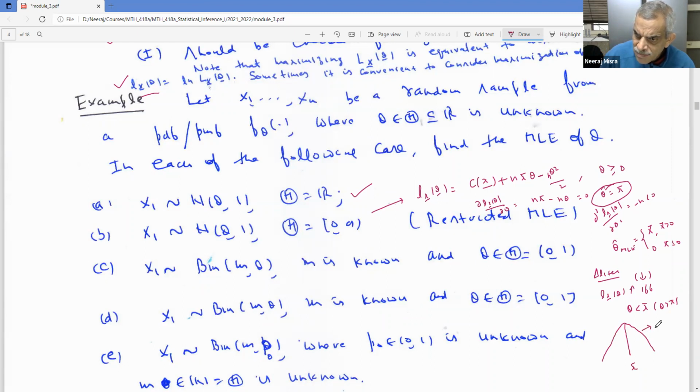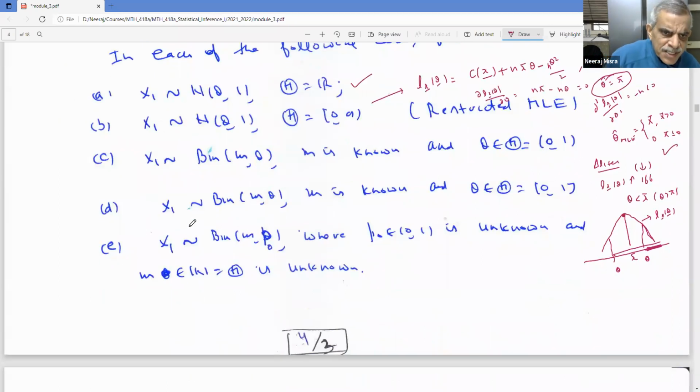This is L_x(theta). But I have to restrict my maximizing to 0 to infinity. So if 0 was over here, that means x bar was bigger than 0, then the maximum would be attained at x bar. Now, if my 0 was over here, then my parameter space is on the right of it, so this is not included. And then L_x(theta), because it is decreasing over here, would be maximum when theta is equal to 0. And that matches exactly with this.